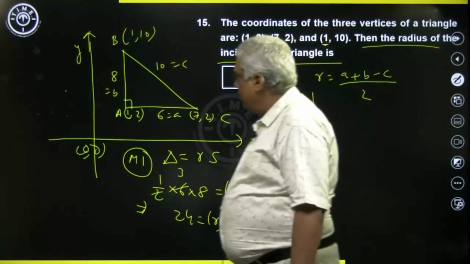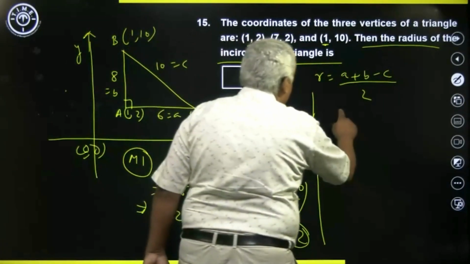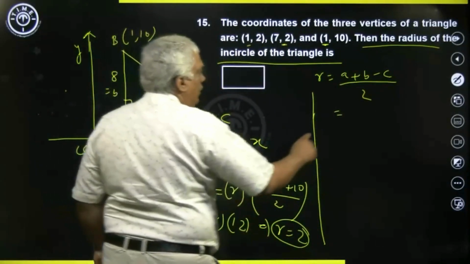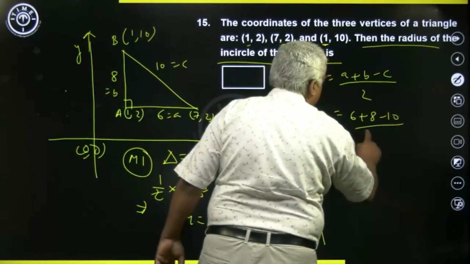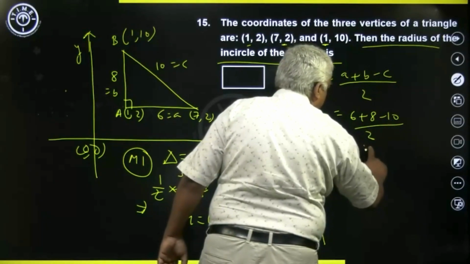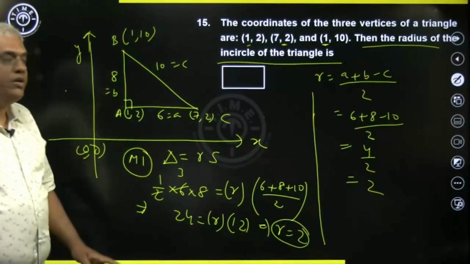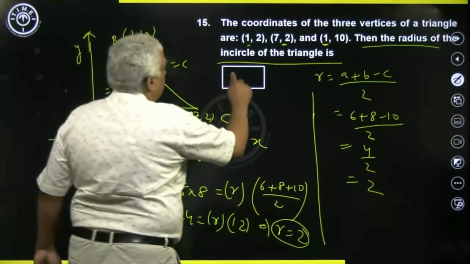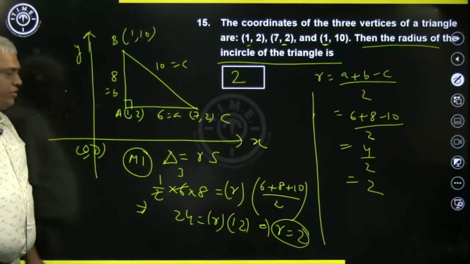There is a formula. So this is (6 plus 8 minus 10) by 2, which is 14 minus 10, 4 by 2. So the answer is 2. So here the inradius is 2.